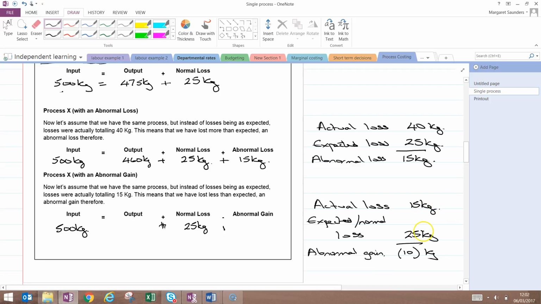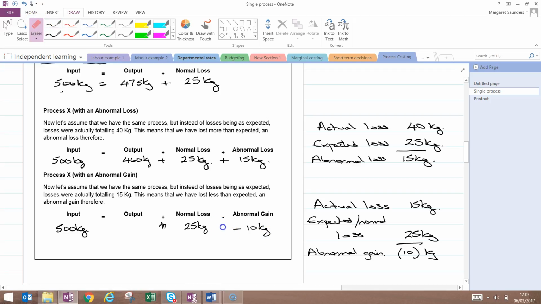We expected to lose 25 kilos. We only lost 15 kilos, so we are 10 kilos better off. So in our physical flow, we now have an abnormal gain. Abnormal gains are subtracted. So we have minus 10 kilos.